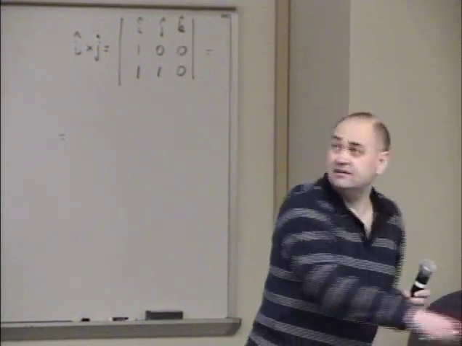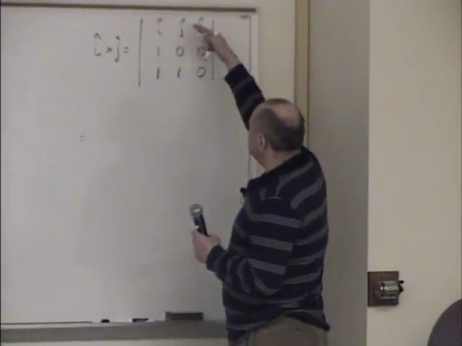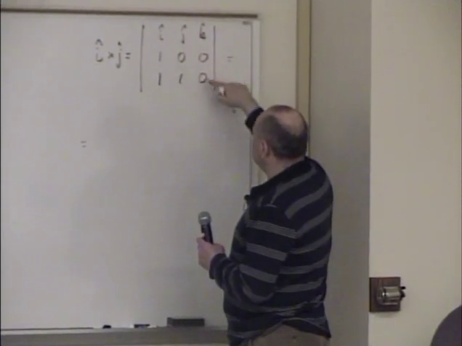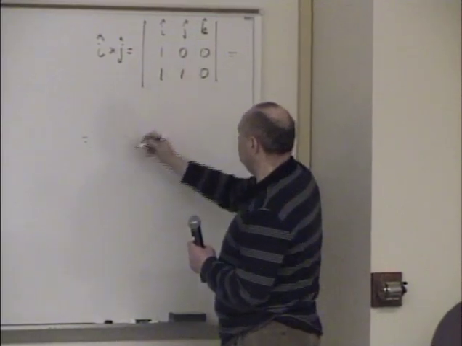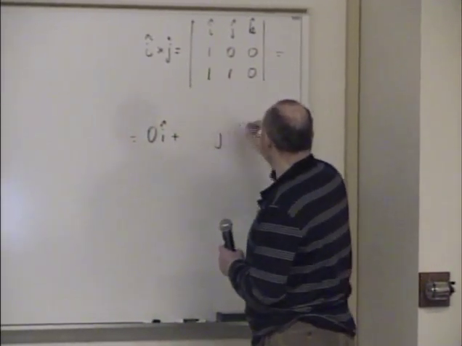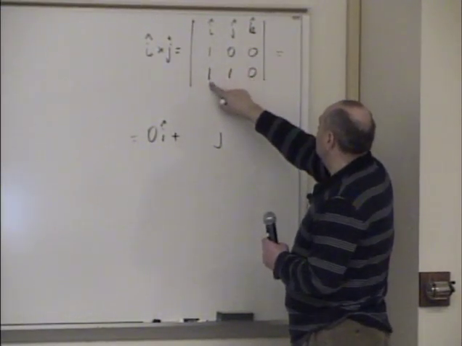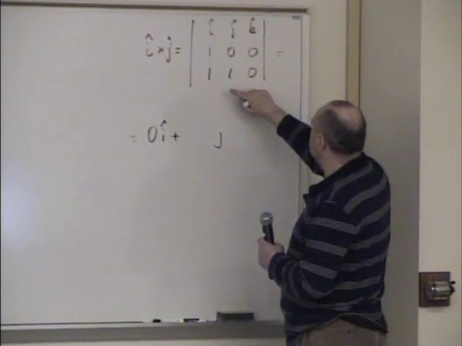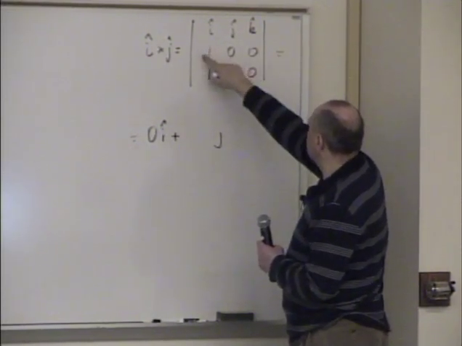Let's do it mechanically. Next to vector i I will have 0 times 0 minus 0 times 0. So it will be 0i. Plus next to j, I will have 0 times 1 minus 0 times 1 minus 1 times 0.